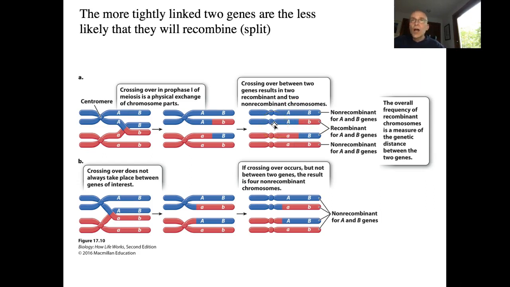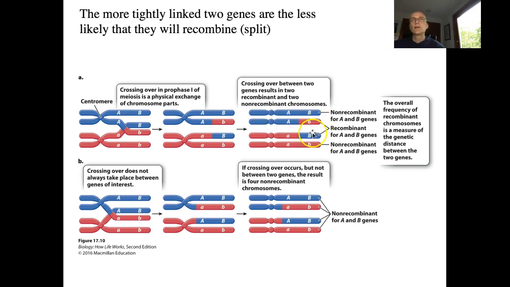But we also have non-recombinant ones, the ones that did not recombine, just like the parental one. One of the two chromatids becomes a chromosome during anaphase 2, so it is a non-recombinant chromosome that can be inherited, while there are also recombinant chromosomes that can be inherited.